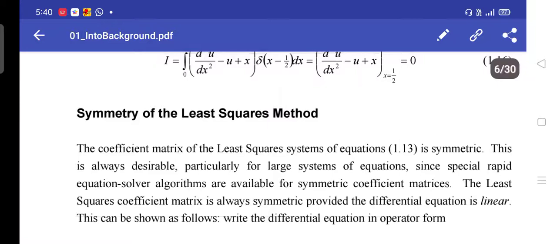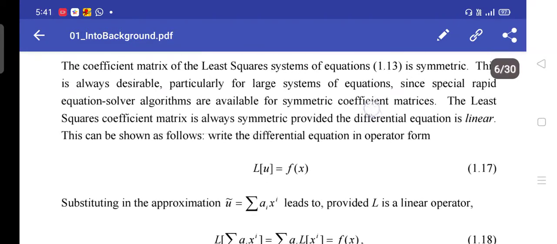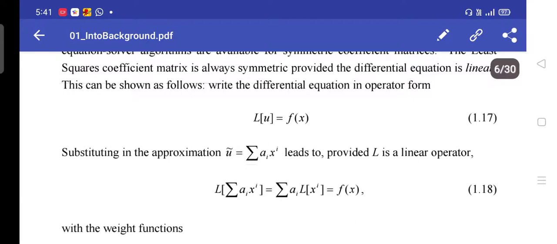This can be shown. So L of u is equal to f of x. So u is equal to the sum of a_i x^i, provided L is a linear operator. So L of the sum of a_i x^i is equal to the summation of a_i L of x^i, equal to f of x, with the weight functions.